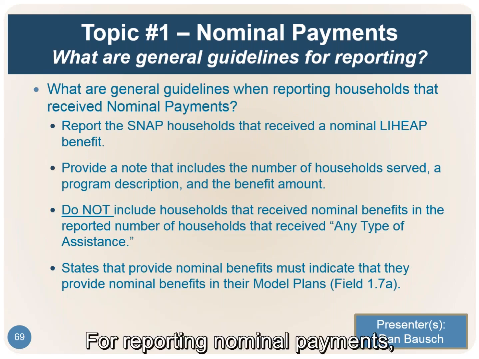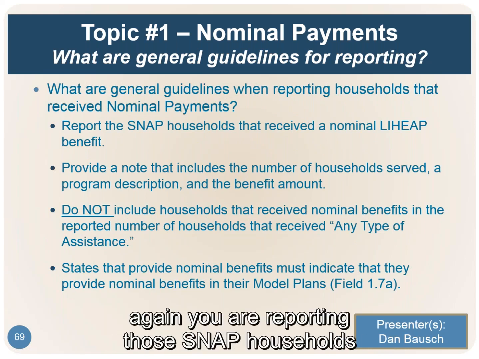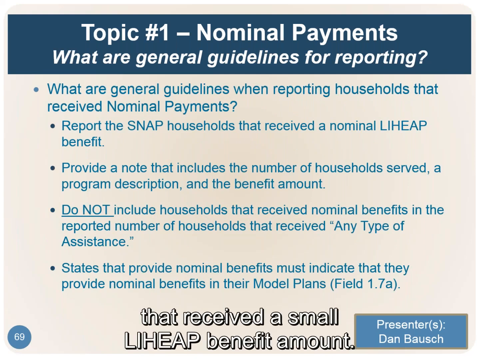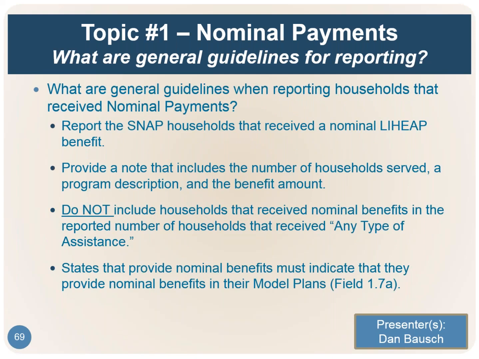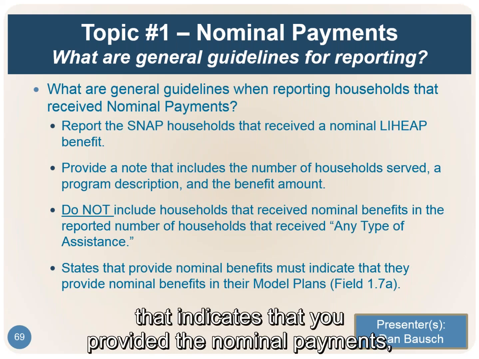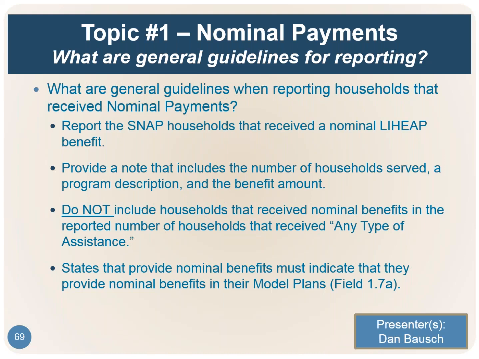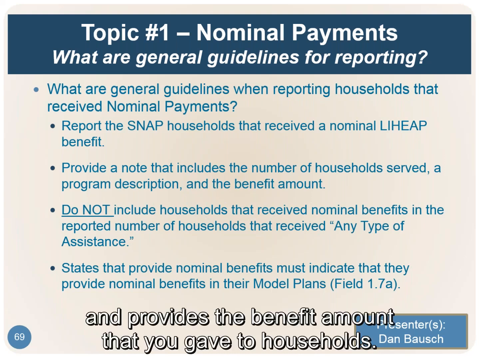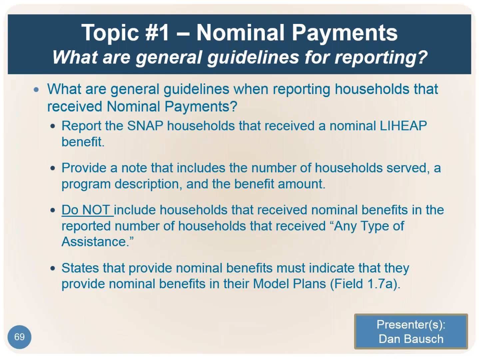For reporting nominal payments, again, you're reporting those SNAP households that received a small LIHEAP benefit amount. We do ask that you include a note that indicates that you provided the nominal payments and provides the benefit amount that you gave to households.